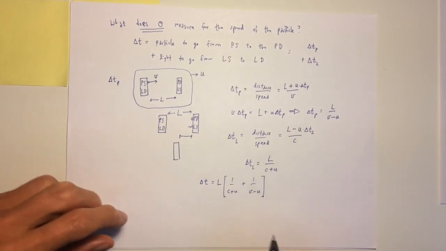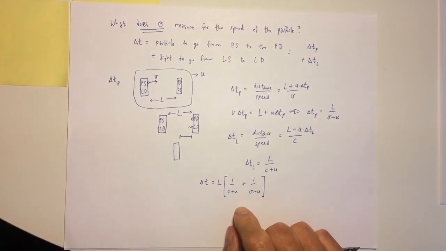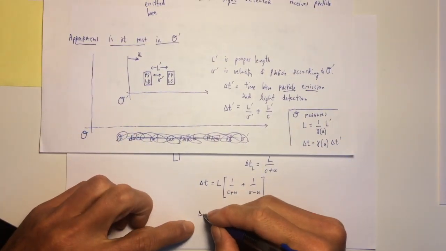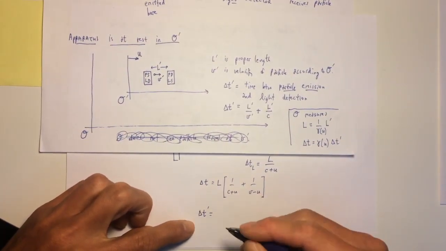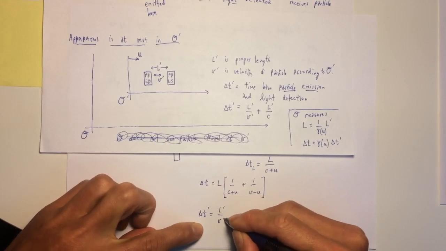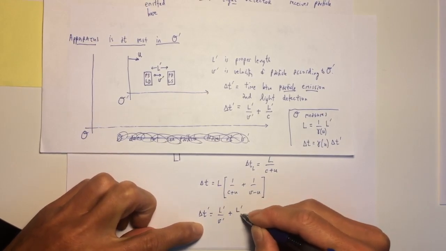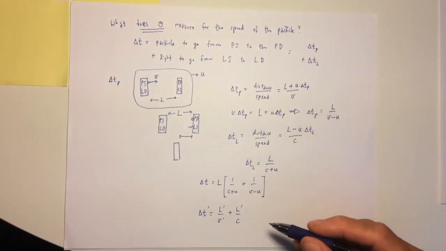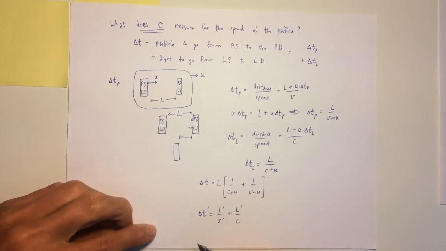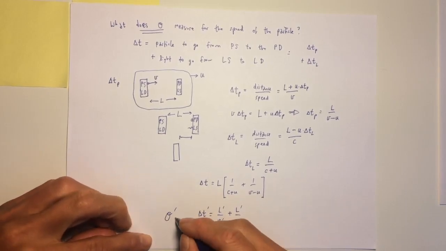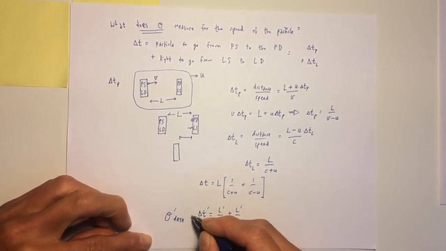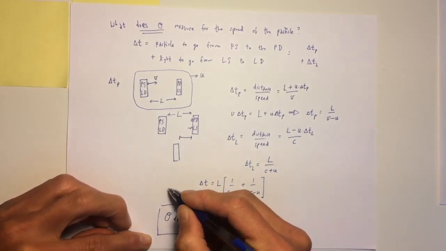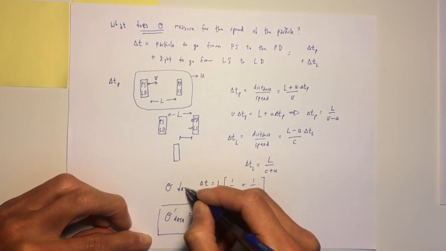All right, so now back from before, I have this delta T prime. Right, so this is in O prime's perspective. This is O prime data. And this is O data.